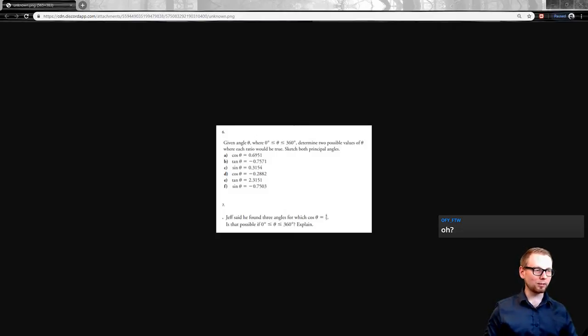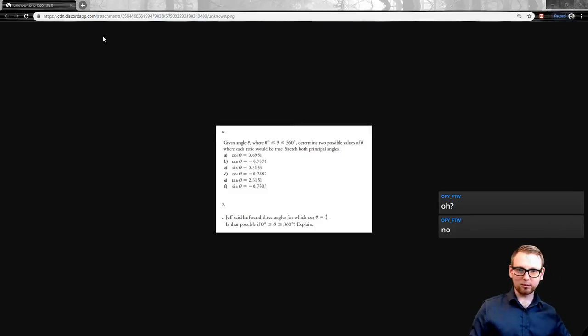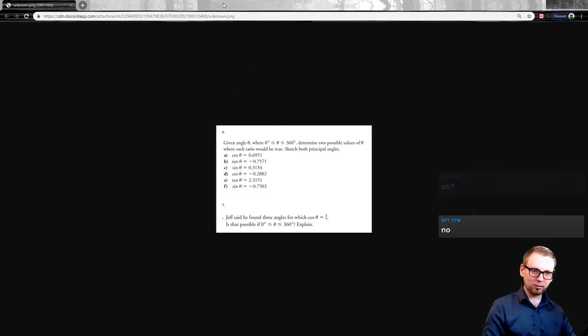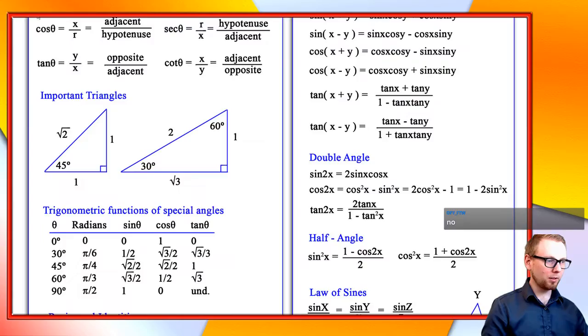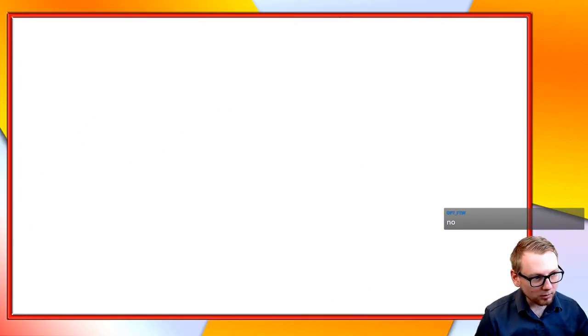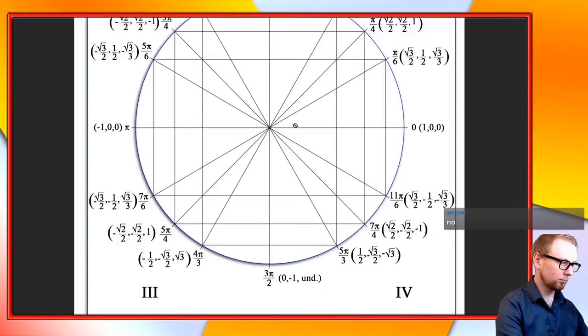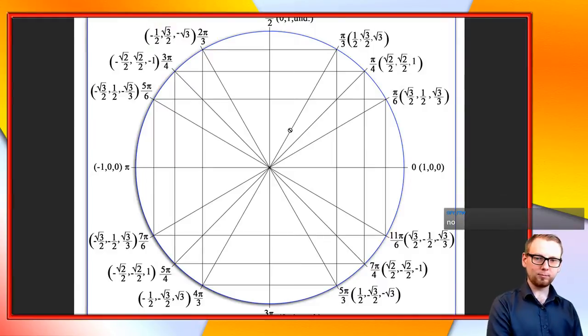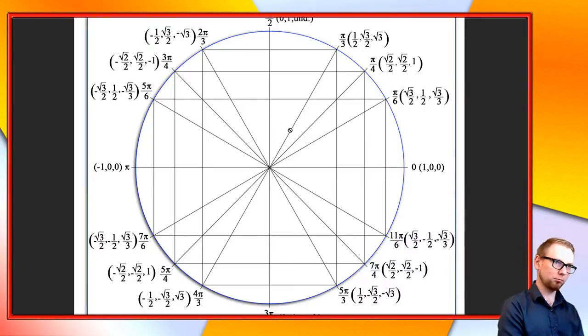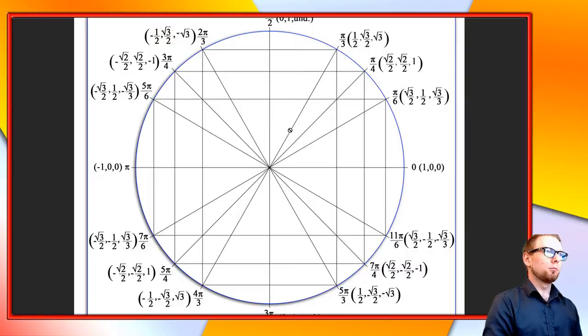I'll give you a good hint. Exactly, you can't. In one cycle, it can't. The reason why is the unit circle right here. Four over 5, that's 0.8.